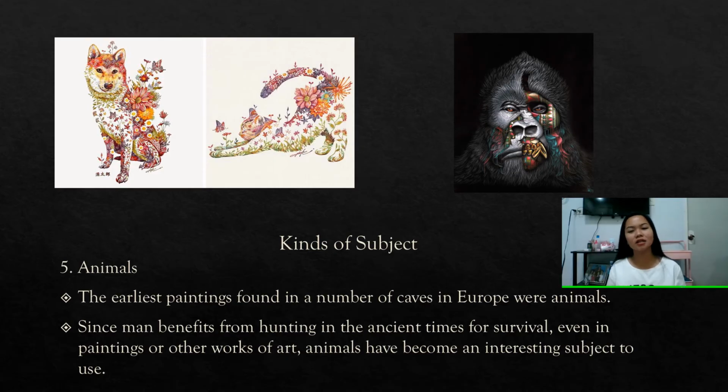So basically these paintings ang subject nila is animals. So since man benefits from hunting in the ancient times for survival, even in paintings or other works of art, animals have become an interesting subject to use. So dali ra kay nato ni ma-recognize kasi nga we know an animal when we see one, di ba? Parang na lang kung animal ang imong ex. So, i-categorize na to siya as animal.